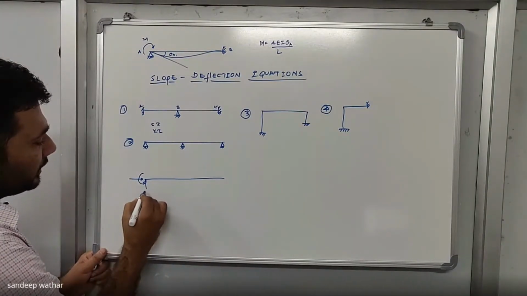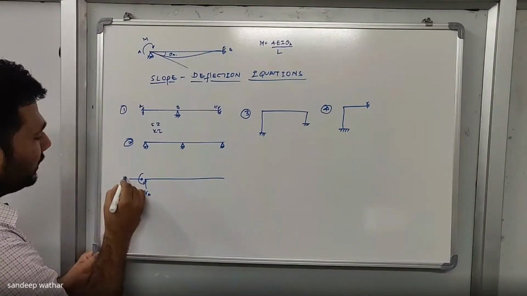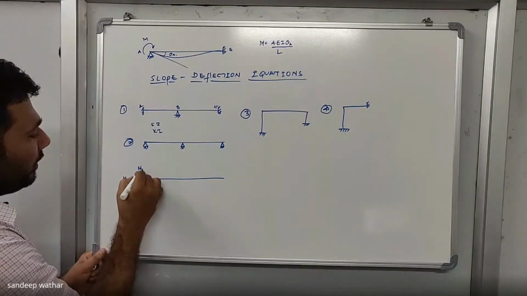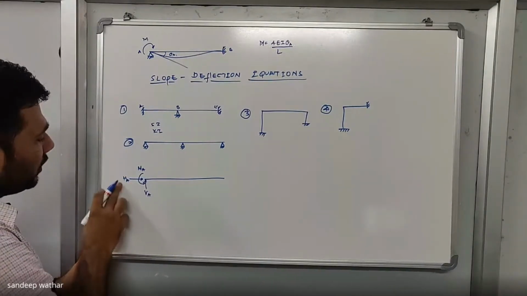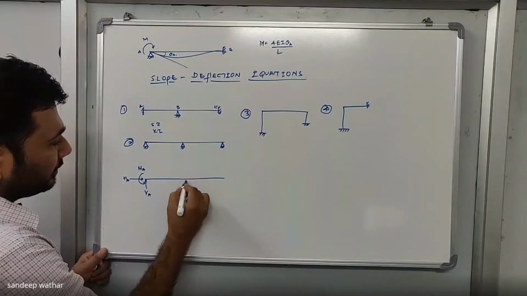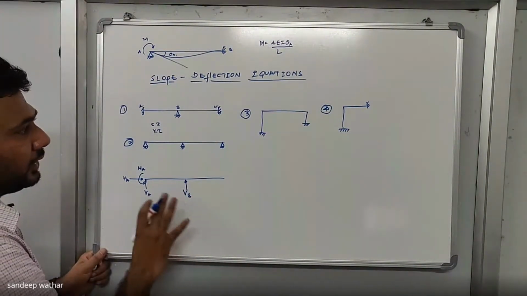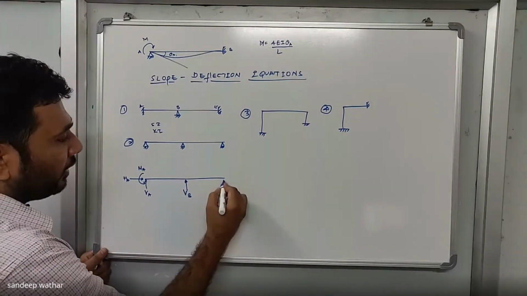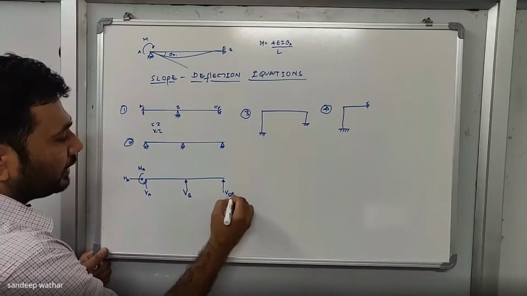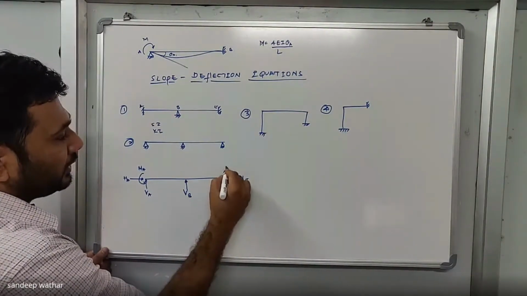So what are the 3 reactions that will be generated at the fixed end? One is VA, HA, then we have MA. First vertical reaction, horizontal reaction, then we have moment reaction. At B end, we'll have VB, only vertical reaction, nothing else. At this joint, we'll have VC, HC, and MC.